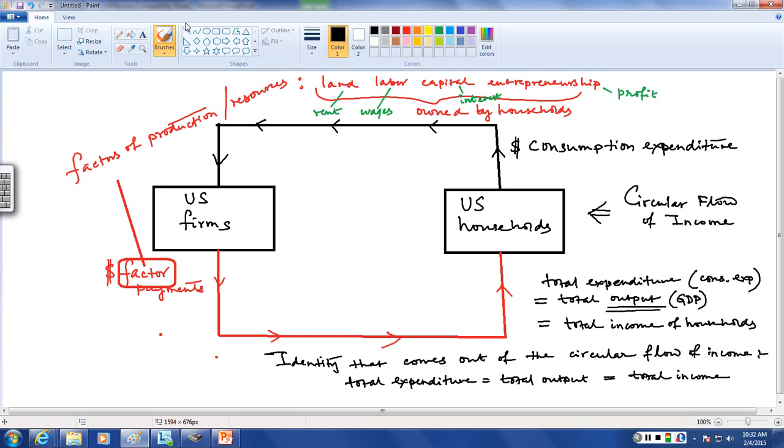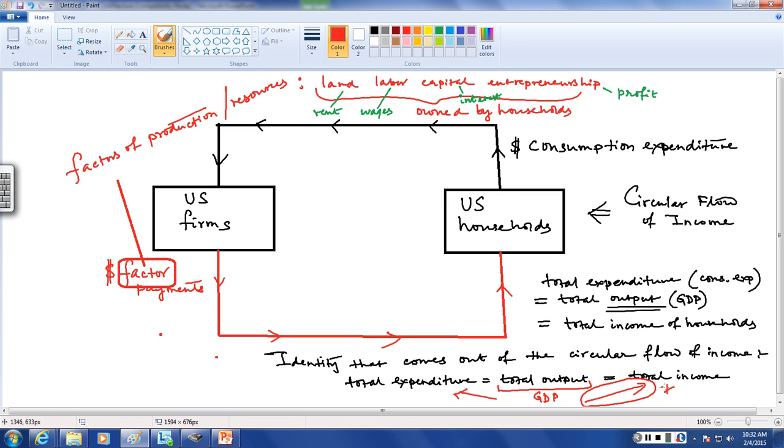Now, this here is our GDP. Correct? But we now know that GDP equals expenditure. It's also equal to income. This is our crucial connection. This is what's crucial here.